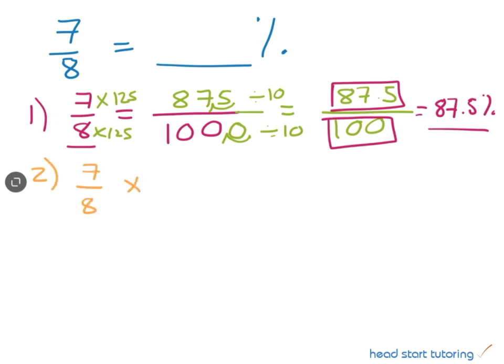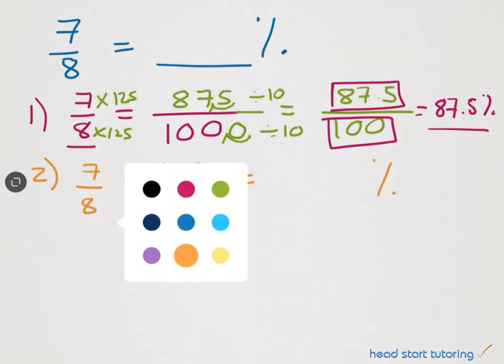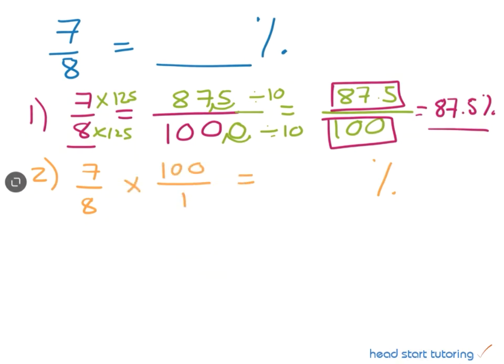7/8 multiplied by 100 over 1 will give us our percentage directly. Because we can simplify and cross cancel between 8 and 100, we can do that. But what I'd like to do is rather just multiply 7 by 100 to get 700 over 8, because 8 times 1 is 8.